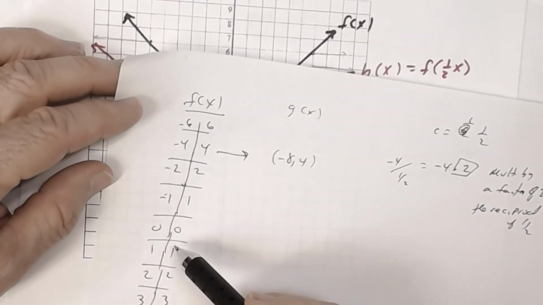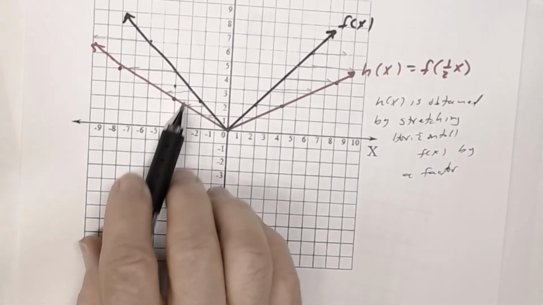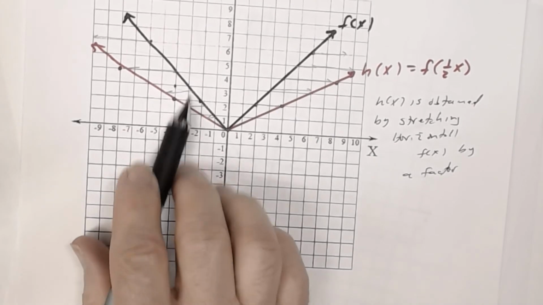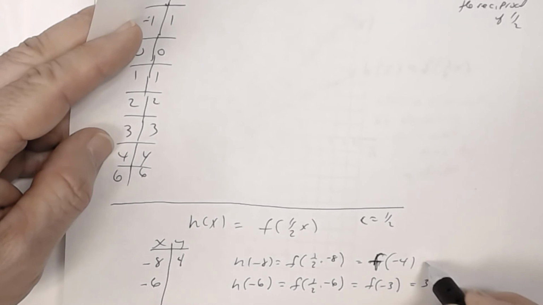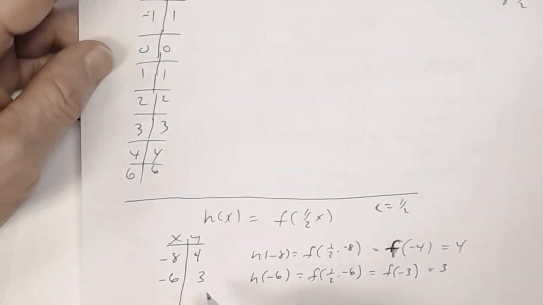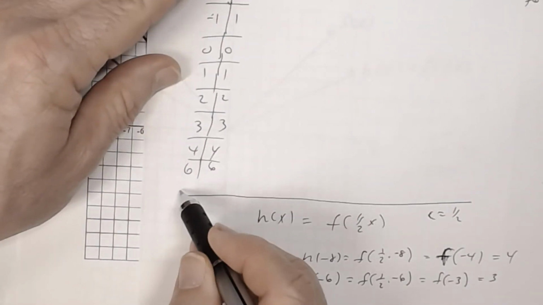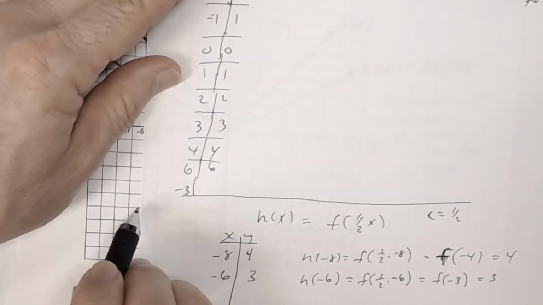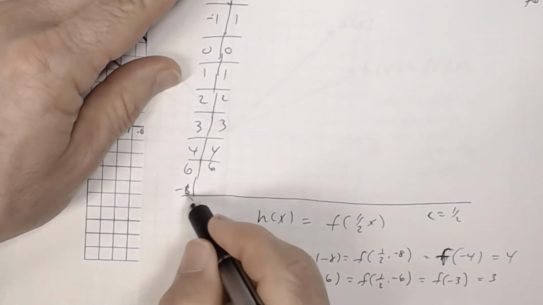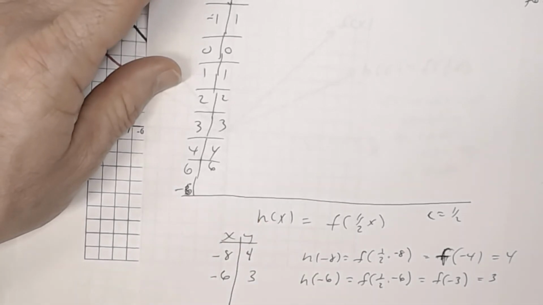I didn't write it here, but I can go to the graph. F of negative 3 is 3. So that means the point negative 6, negative 3, 3.